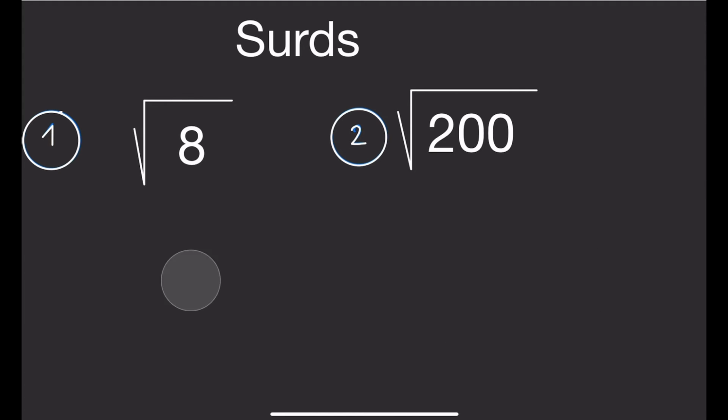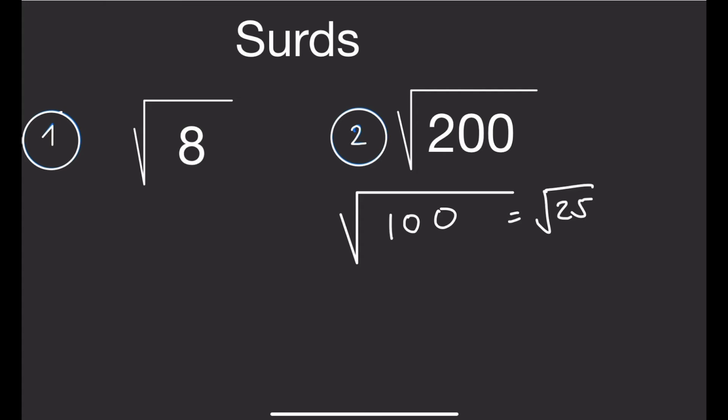So before we start simplifying, like number 1, we have the square root of 8. 8 is a surd. I said we should think of perfect square numbers first. It's very important. So for example, if I want to simplify the square root of 100, 100 is a perfect square. I said before it's 10, but still 100 can be written as 25 times 4, root 25 times root 4.